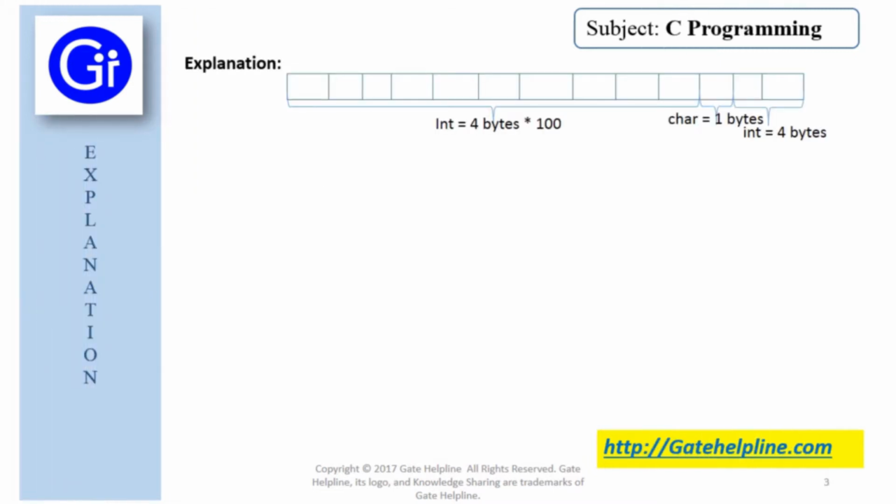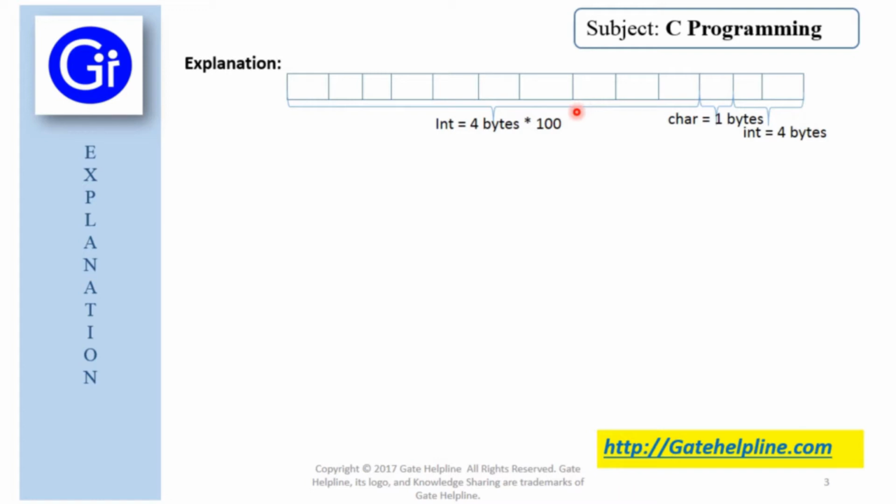So friends, this is a kind of memory allocation for struct. Here the first 100 bytes, in blocks of 4 bytes, are allocated to the marks array, then 1 byte to grade, and at last 4 bytes to C number. Here don't go block by block, we have just depicted the memory allocation for the struct.